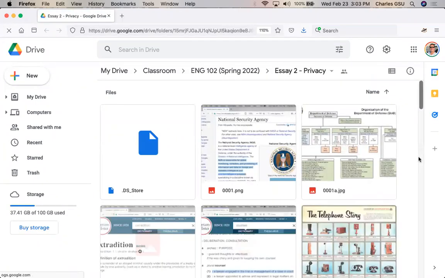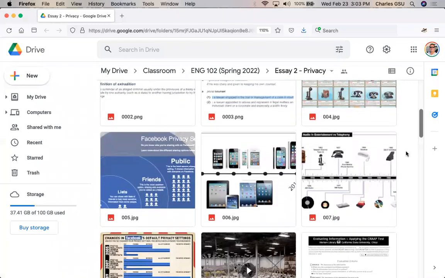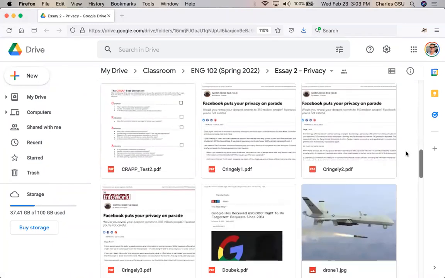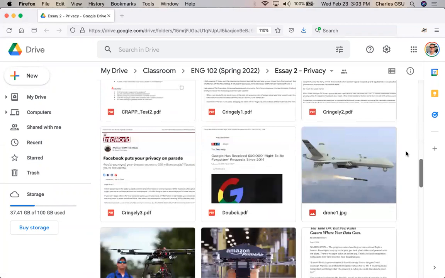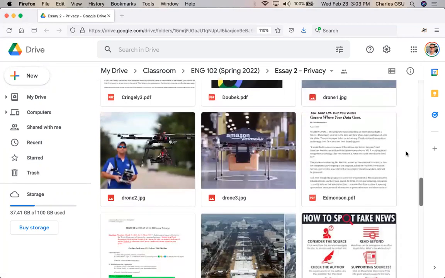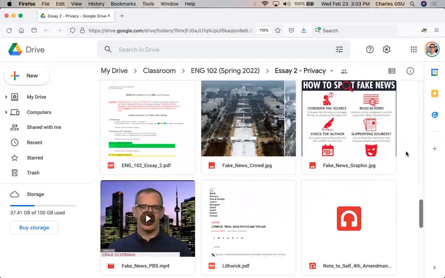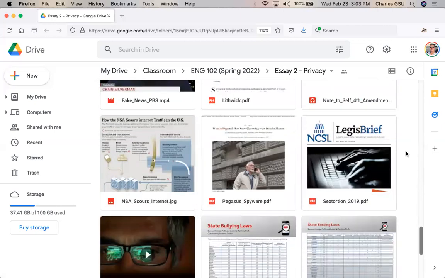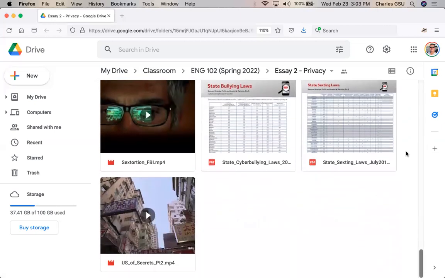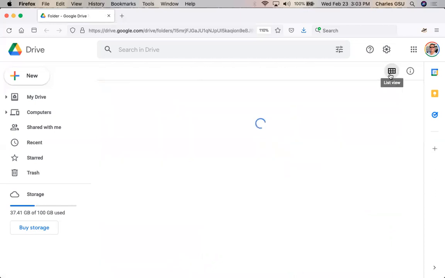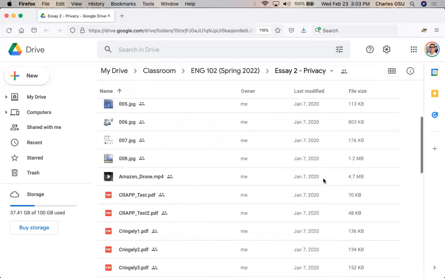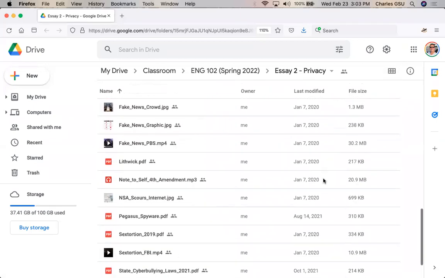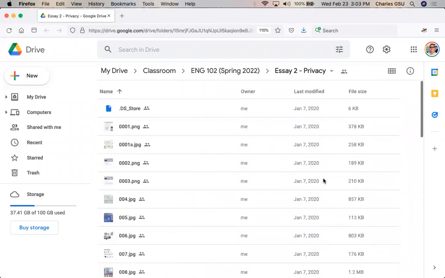And all of these images and PDF files, readings, there are even some videos in here and graphics and whatnot. They're all available for you to use as sources in essay number 2, of course, depending on which topic you choose. And they're all listed here in alphabetical order in the list view.